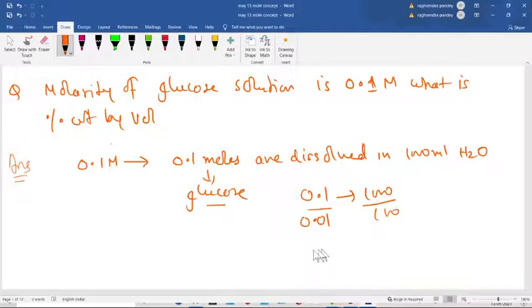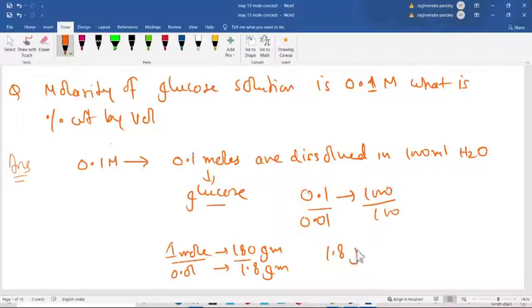Moles. So 1 mole is 180 gram, that is the molecular weight of glucose. We have done it so many times. So 0.01 moles will be 1.8 gram.